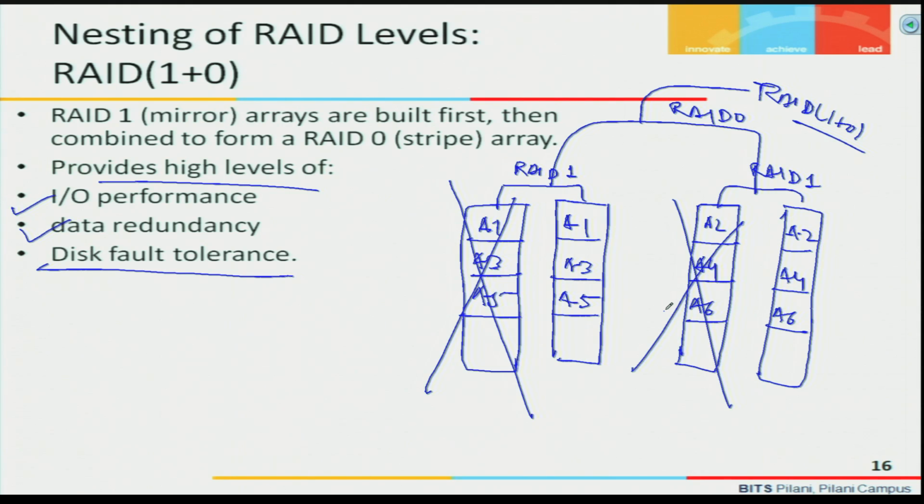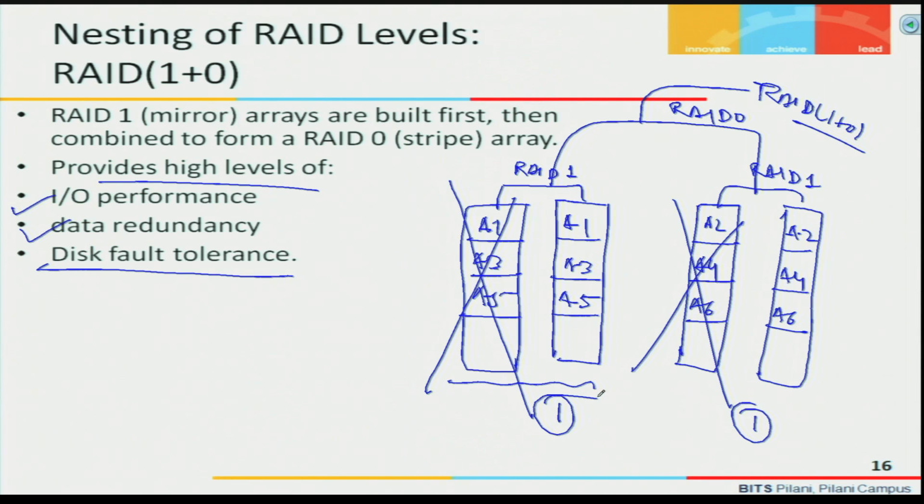It can sustain 2 disk failure if these 2 disks fail from either side of the disk system. One disk from this side and one disk from this side, any disk fail, you can take any combination, but one from each side, the data availability is there. So, 2 disk failure it can tolerate.